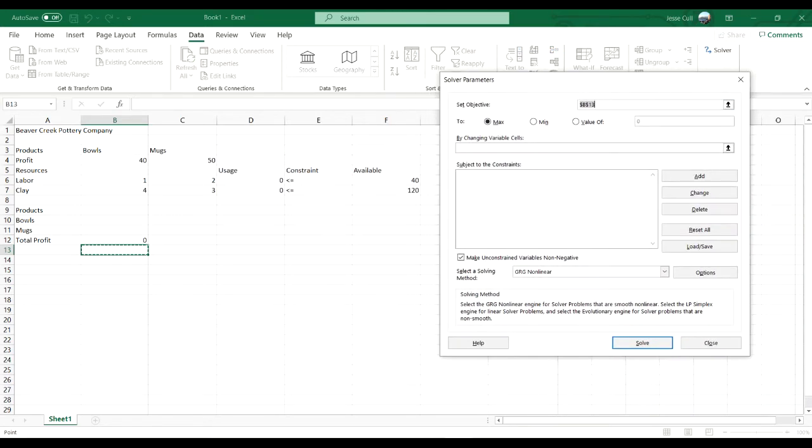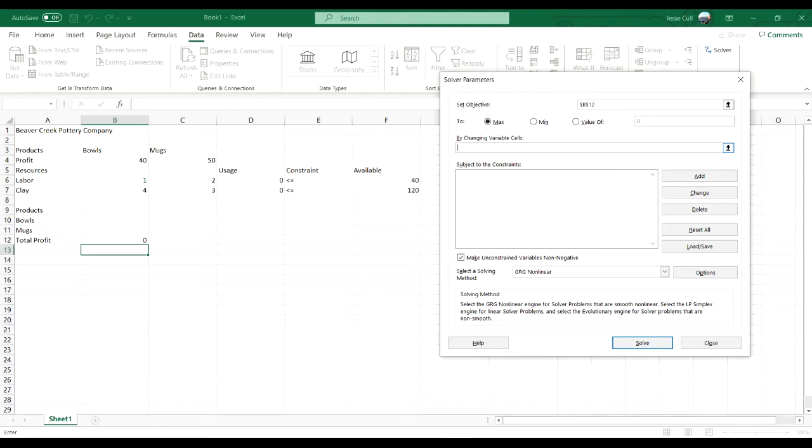The first one, set objective, is where we enter the cell that will determine our ultimate goal. In this situation, our ultimate goal is total profit. It's a maximization. We know that from the question. And down here, which cells are we trying to compute?